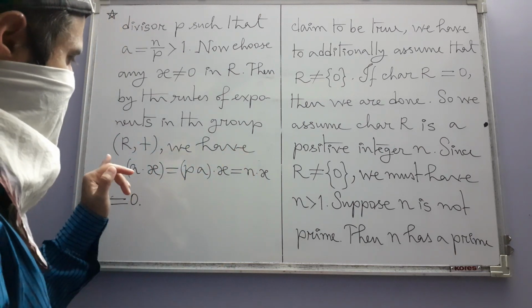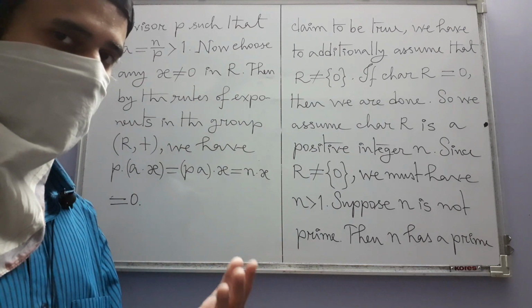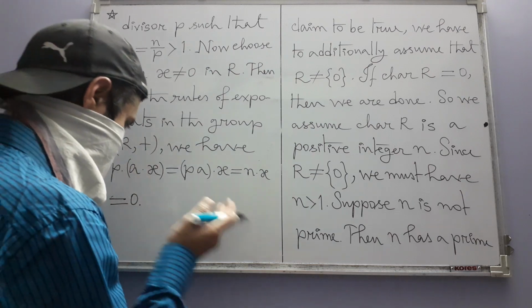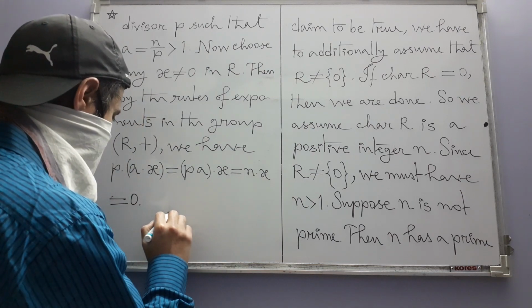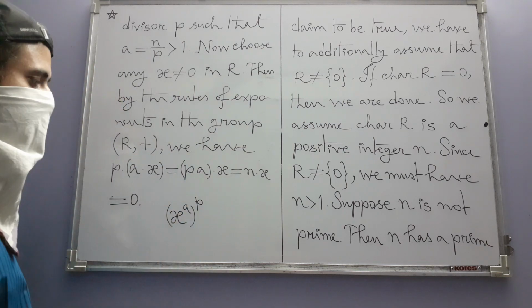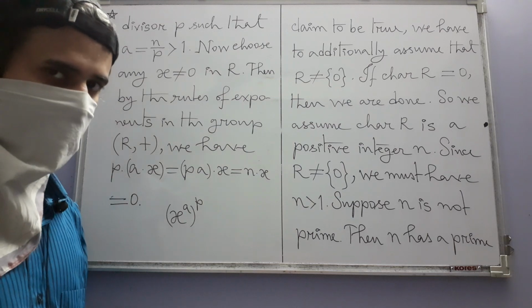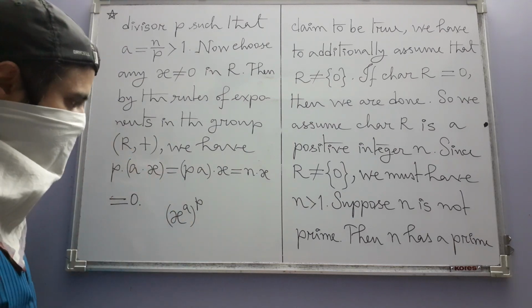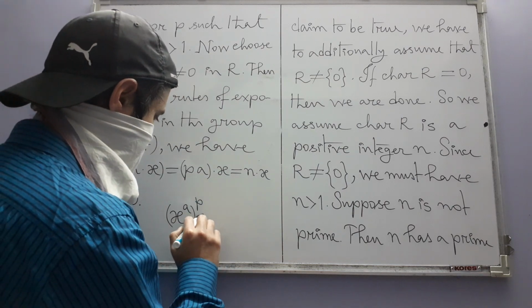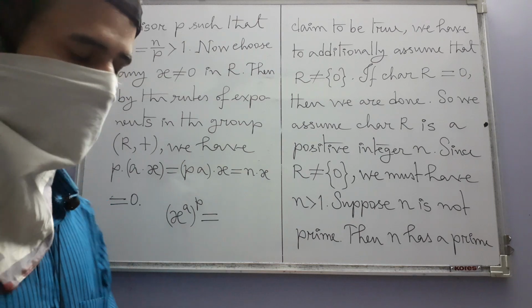We are not going to use the additive notation, but the general multiplicative notation. Then this element is the pth power of x to the power a in this group. And we know that in a group we have the two rules of exponents.